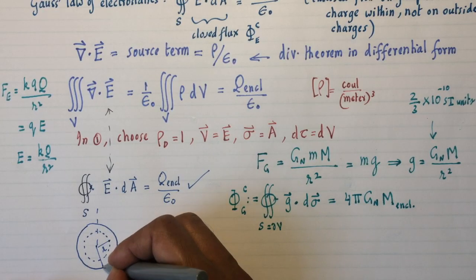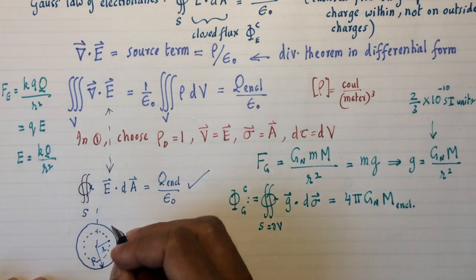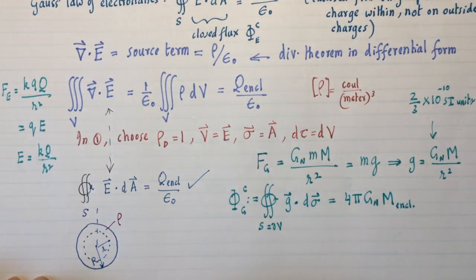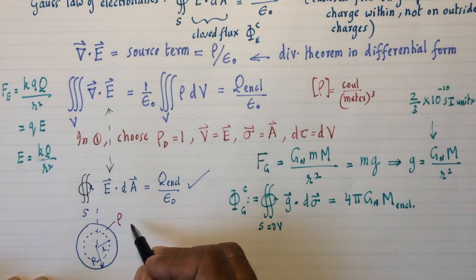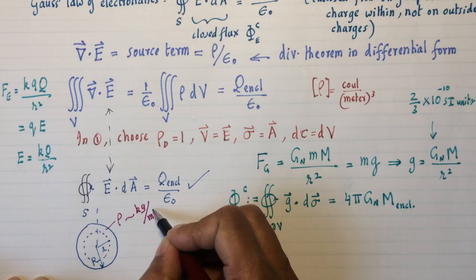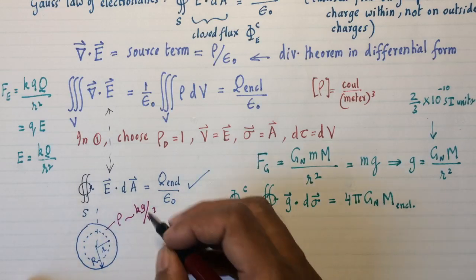The radius of the planet, if you will, is capital R, and we have to find what the left hand side would be, and the right hand side would be the mass enclosed. Let's assume, for the sake of convenience, the planet has a uniform density. So this density is now the third meaning of density, and this is kg per cubic meter. The third meaning for the symbol rho in this short video. So you can see how symbols can get very confusing unless you tell people what the context is.